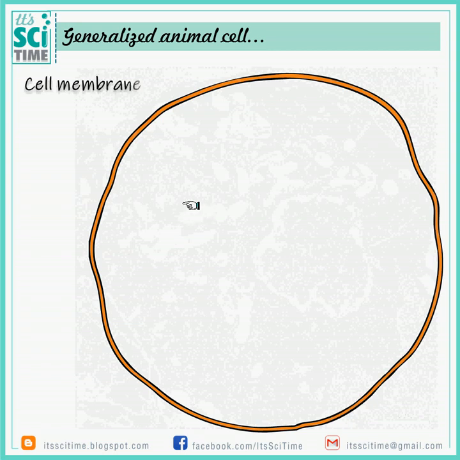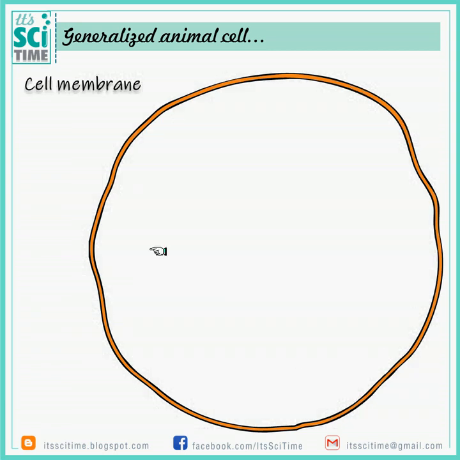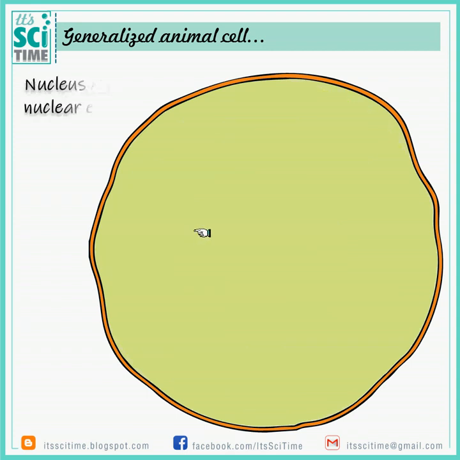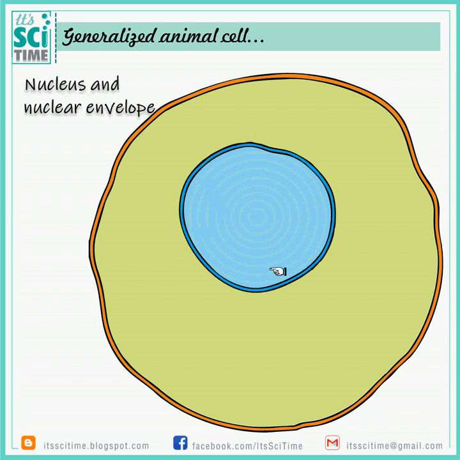Each and every cell is surrounded by a membrane, or cell membrane, also called the plasma membrane, and cells are filled with a jelly-like medium called cytoplasm, and cells are controlled by the nucleus. Eukaryotic cells contain a nucleus, and the nucleus contains the nucleolus.